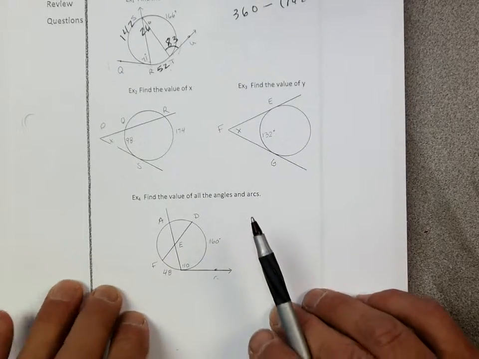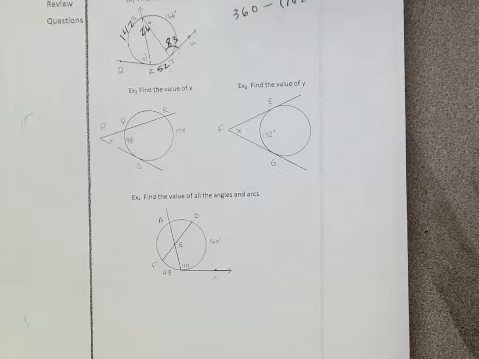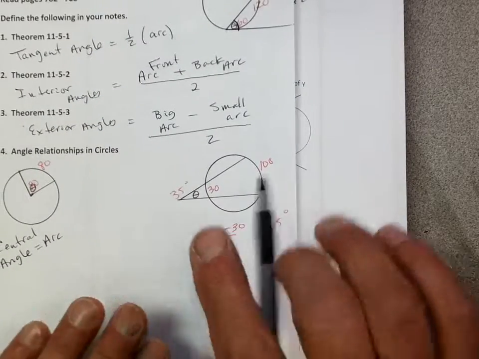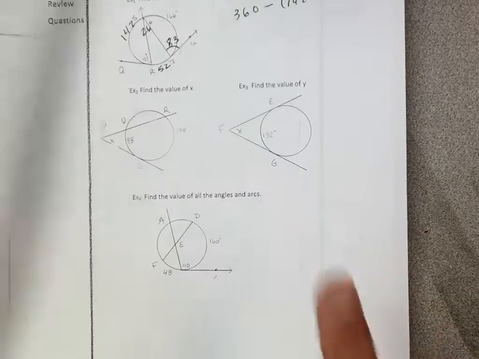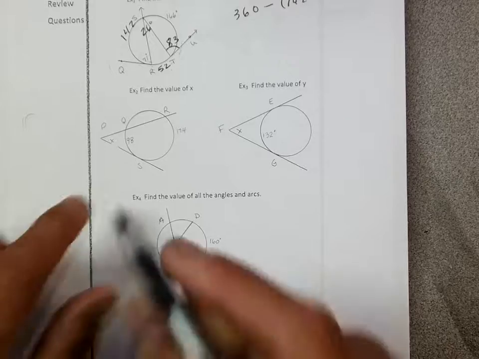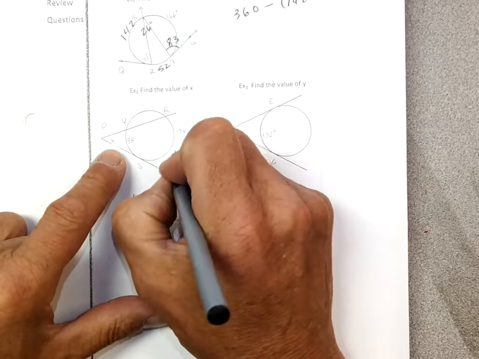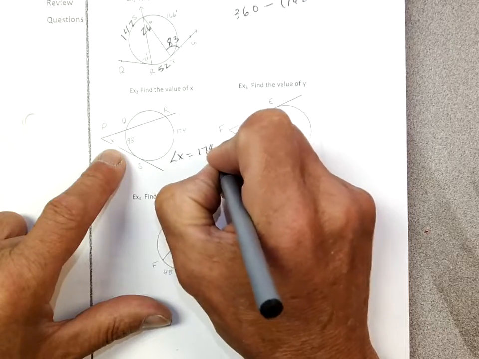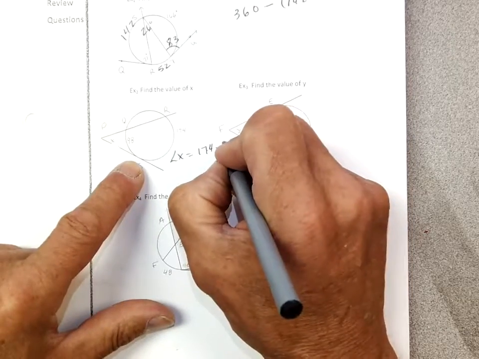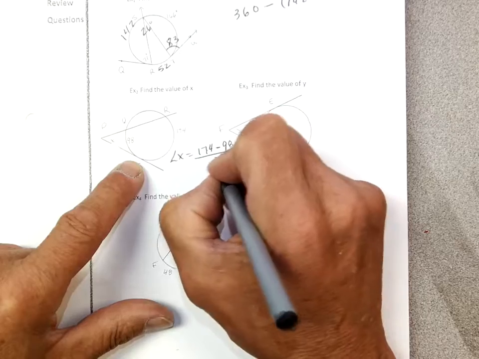It says find the value of x. Well, that's an exterior angle, right? And according to my notes, to find an exterior angle, I'm going to take the big arc minus the small arc and divide it by 2, right? So angle x is equal to 174, that's the big arc, minus the small arc, which is the 98, divided by 2.